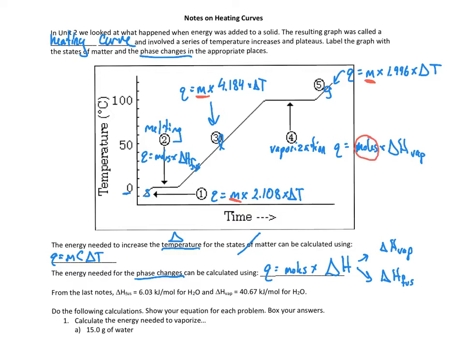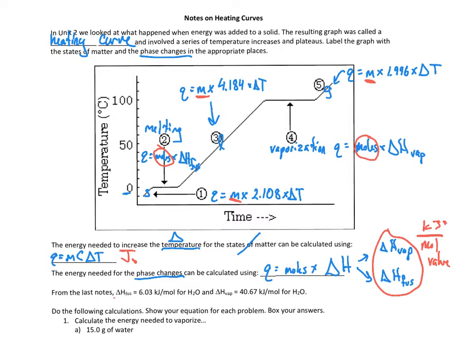And the reason that this is in moles is because these values are a kilojoule per mole value, so you're going to have to multiply by moles to get the kilojoules. Another thing to note: since these delta H values are in kilojoules, but Q equals m c delta T normally gives us joules, you are going to have to make sure that you are paying attention to whether you are in kilojoules or joules, depending on the question.